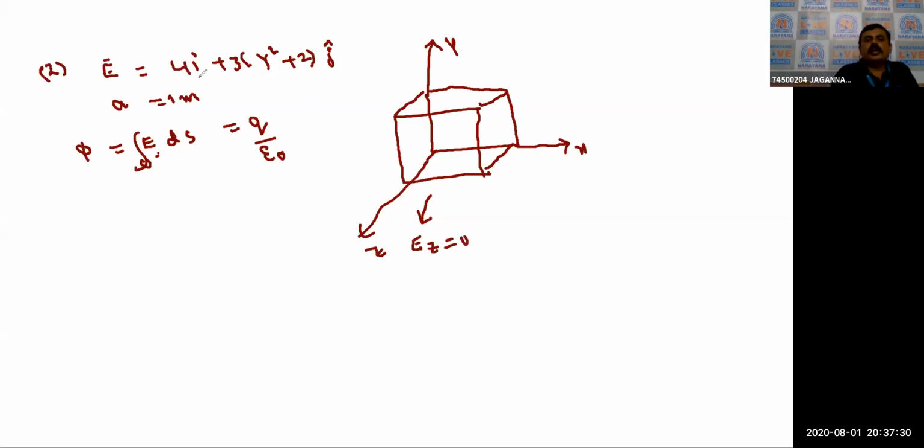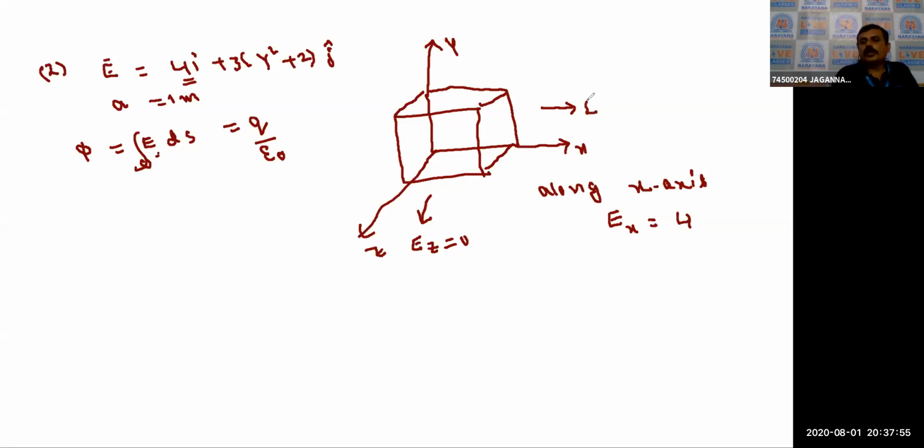And electric field along the x-axis, how much is given? Ex equals 4, this is 4i.